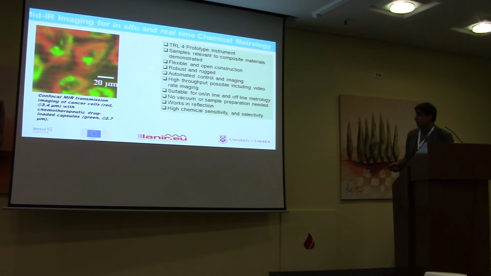One image was recorded at 3.4 micron, and the other at 2.7 micron, and they are overlaid on each other, and you can get contrasting information. Importantly, this instrument was designed for high throughput analysis for industrial applications. It can do offline and inline metrology, it doesn't require any vacuum, it is robust, and it can do video recognition.